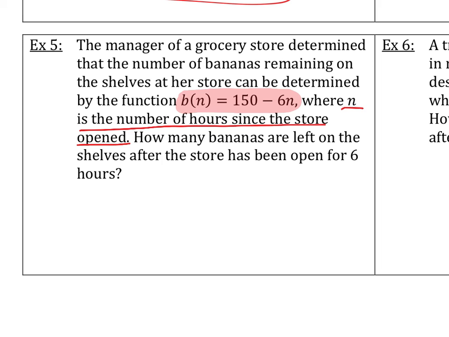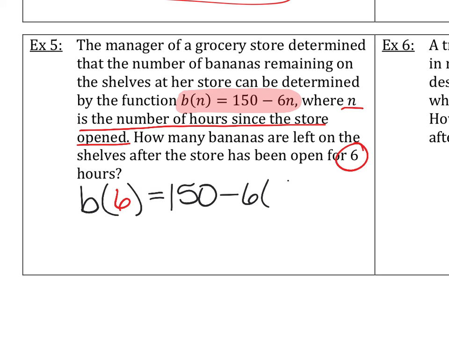The question here is, how many bananas are left on the shelves after the store has been open for 6 hours? So is it going to be replaced with 6? Very good. So we're going to figure out how many bananas are left when I have already been open for 6 hours. This is function notation in real life. I'm plugging in the 6 because I've been open for 6 hours, and n is my number, n for number of hours.